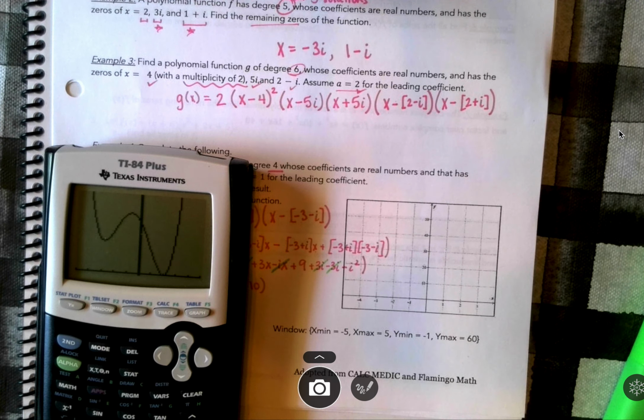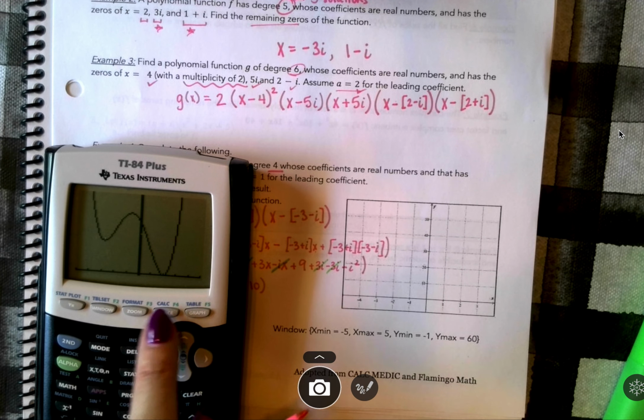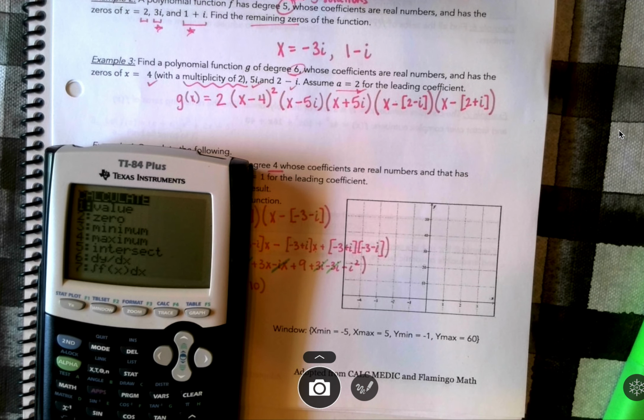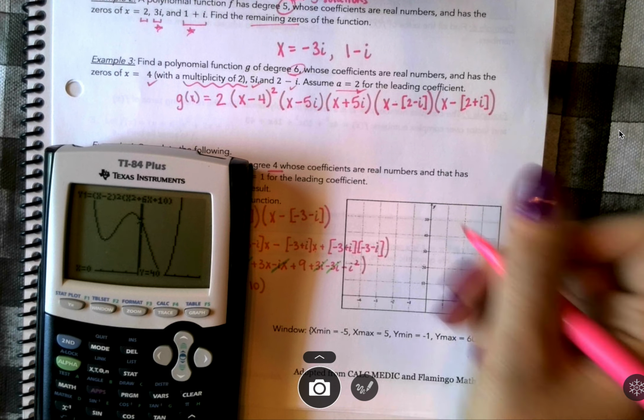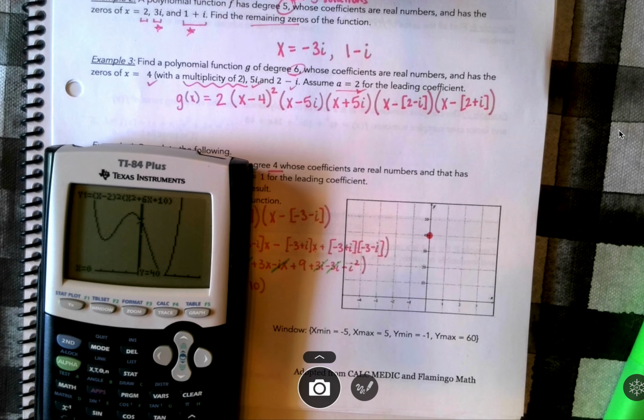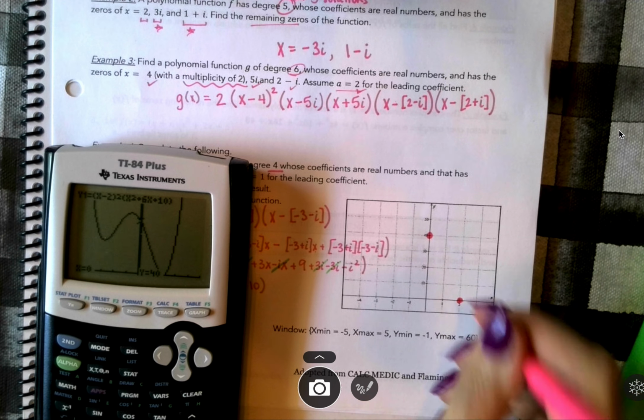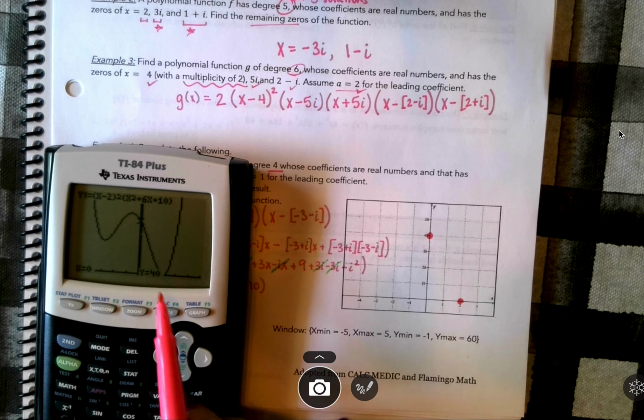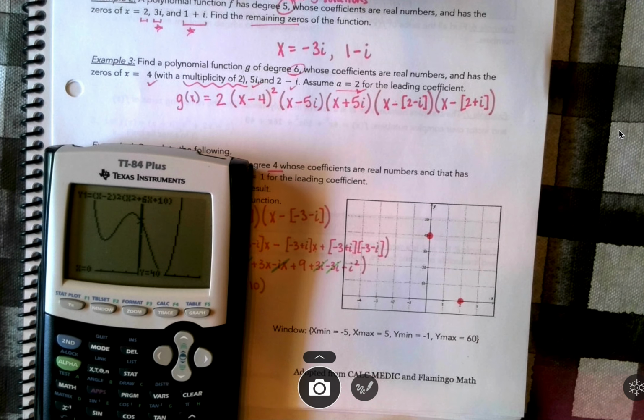So this is my graph, and I actually want to try to figure out what this y-intercept is. So I'm going to calculate, so second trace, my value. So I'm on option 1 when x is 0, and it tells me that y is 40. So on my graph, I know that it's going to hit 40, and then I have an x-intercept at 2 with a multiplicity of 2, which is why it's bouncing back off the x-axis.